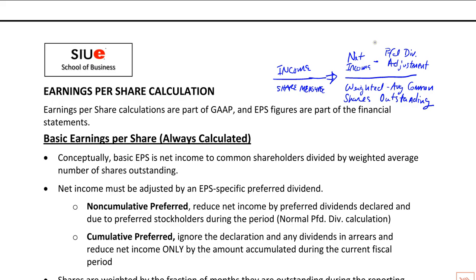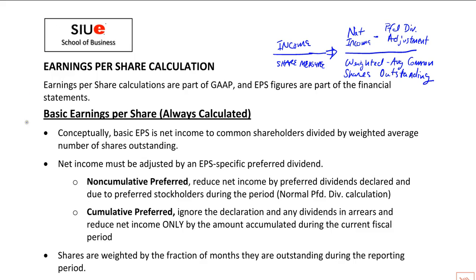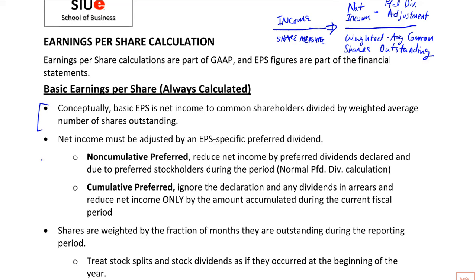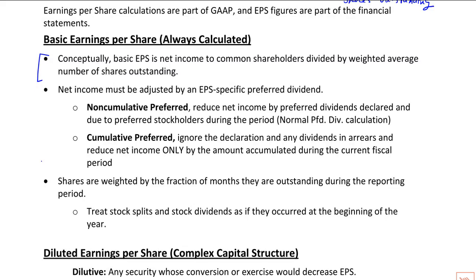I describe it in words here in the lecture notes. Here's the dividend adjustment, and I call it here an EPS specific preferred dividend. First of all, if it's non-cumulative, you're really having two cases.